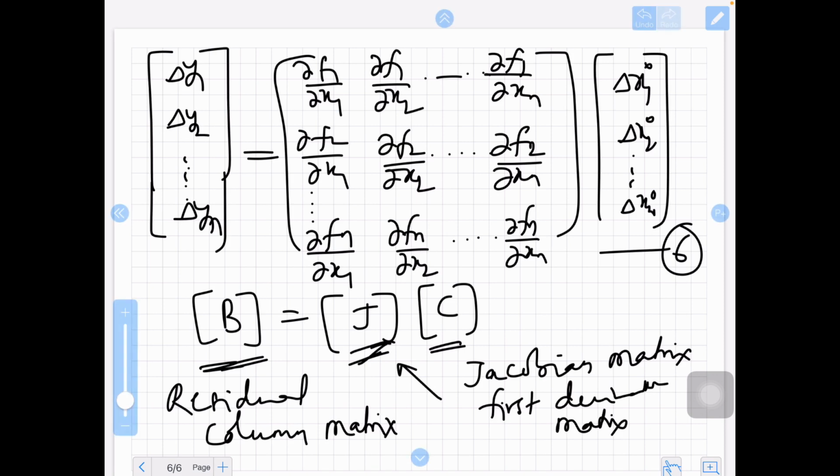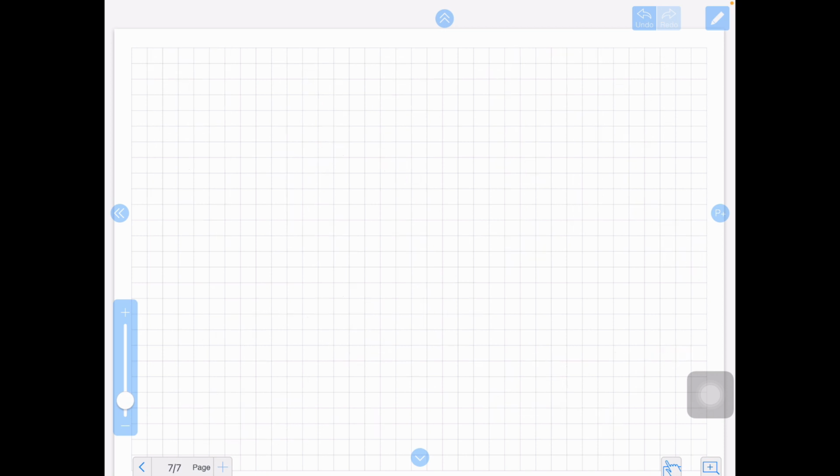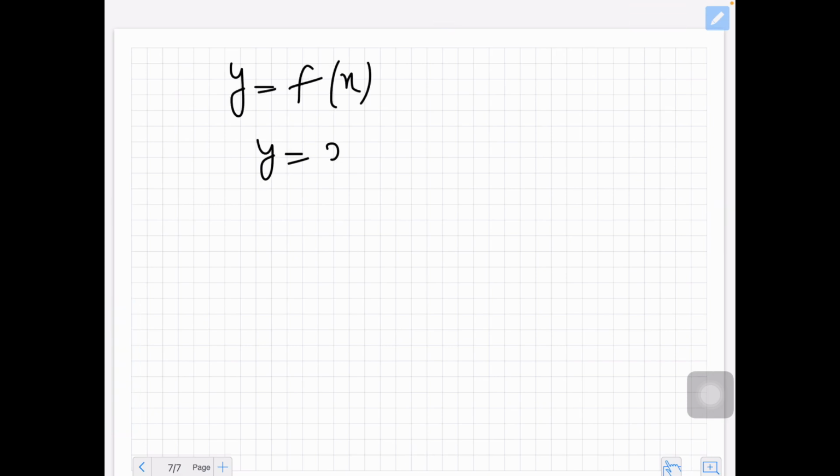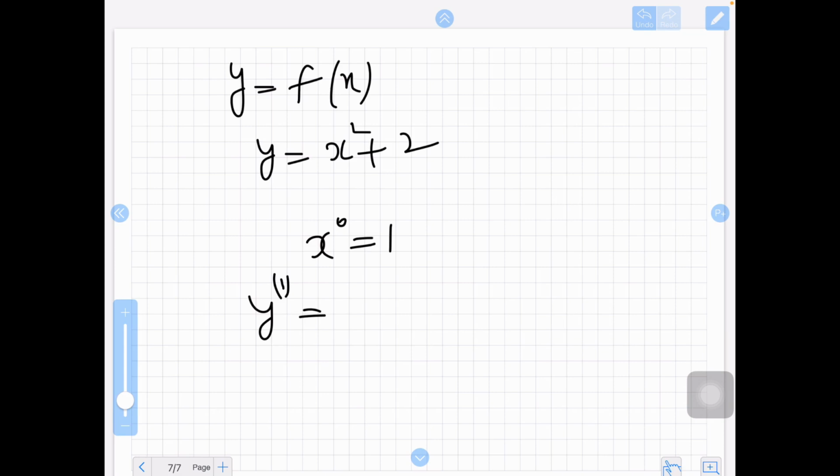So this first derivative matrix you can easily find. Suppose, for example, if you take y is equal to f of x, suppose y is equal to x square plus 2. So if you assume the initial value of this x as 1, you can get y of 1 as 1 plus 2, that is 3. See, you can get the next values.